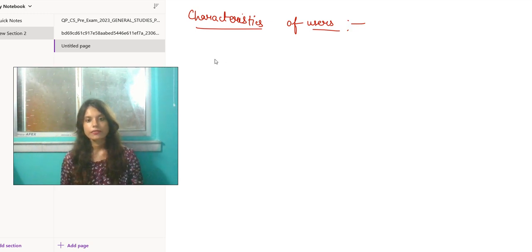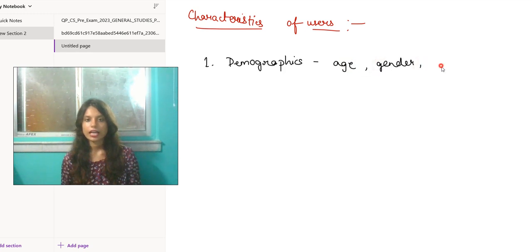So characteristics of users, first of all, it comes the demographics. The users can be categorized on the basis of their demographics, such as we can categorize them on the basis of their age, gender, then income, then education level.